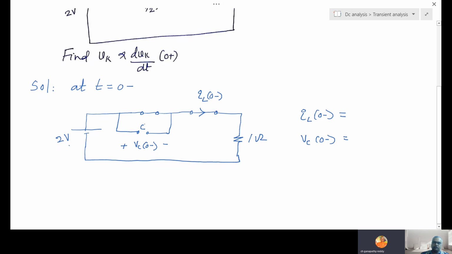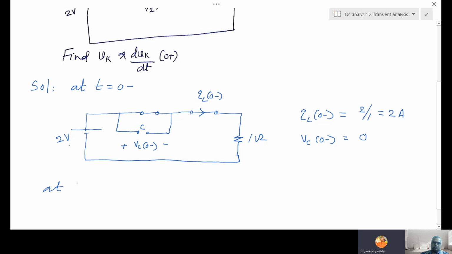When the switch is closed, no scope for this capacitor to charge because current will flow in this loop, through this closed switch only. So the capacitor cannot charge. Therefore Vc(0-) is 0. Then IL(0-) is 2 by 1, equal to 2 amps. So 0 minus we have done.